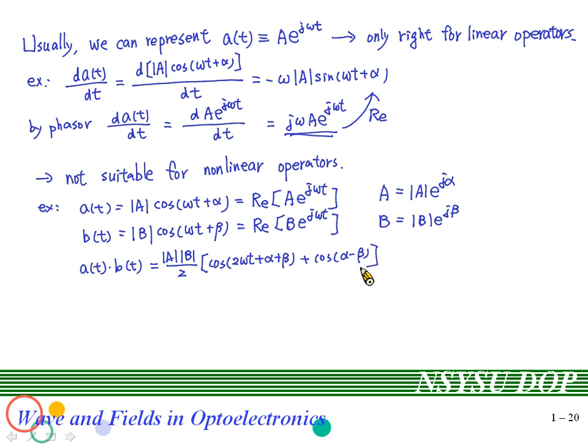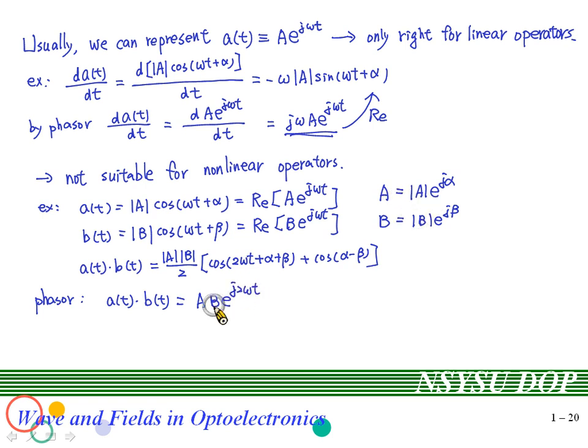But if you use phasor to do the operation, you will find that you multiply these two phasors and obtain AB exponential j 2 omega t.